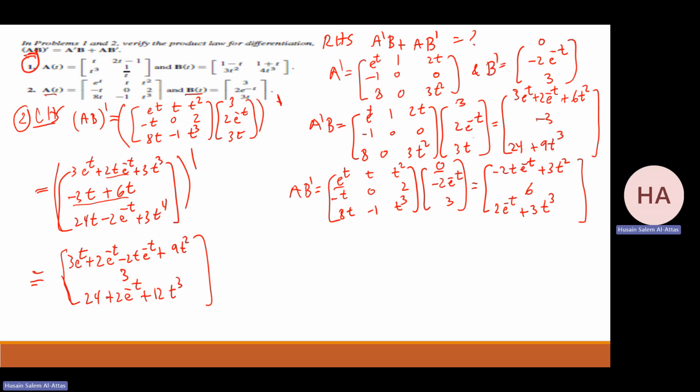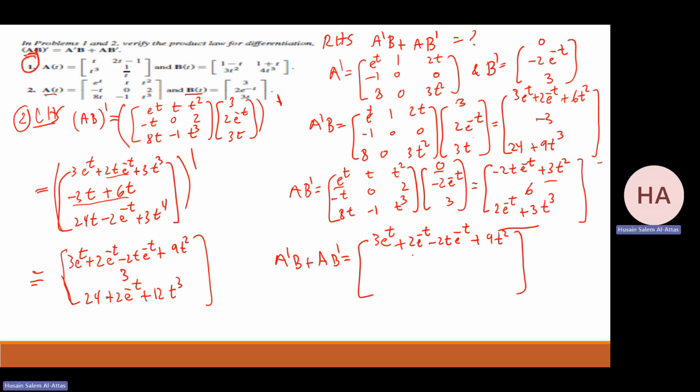Okay, now I add A prime B plus A B prime. See what will happen. I need to add this with this. So the first term I have 3e^t, good. Then 2t minus t, minus 2t is minus t, in the same way. 3 plus 6 plus 9t squared.